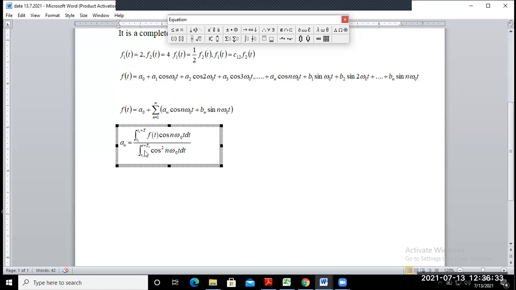If you put the lower and upper limit, t0 plus capital T minus t0, only capital T remains. That means only T by 2 remains.